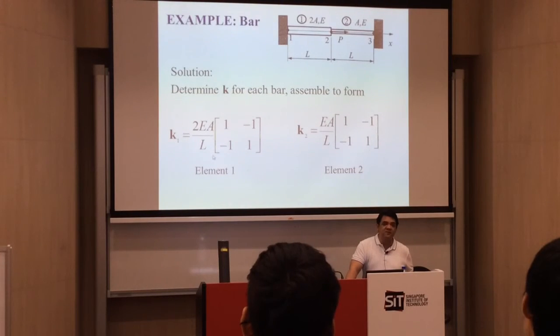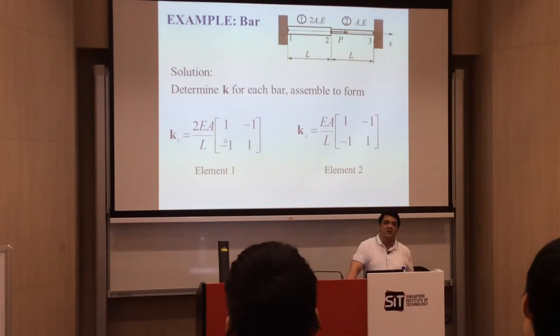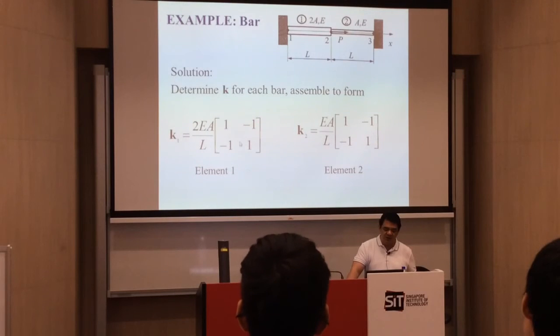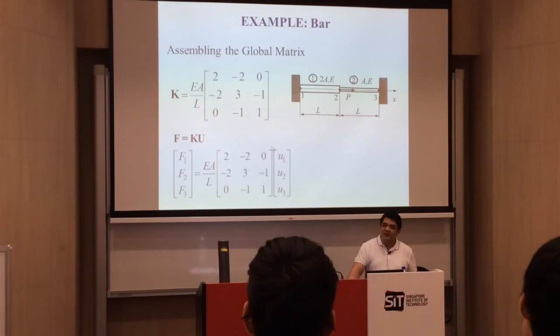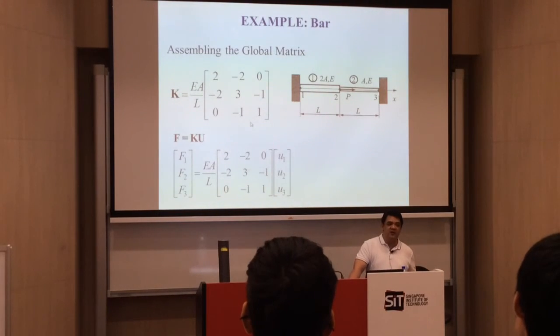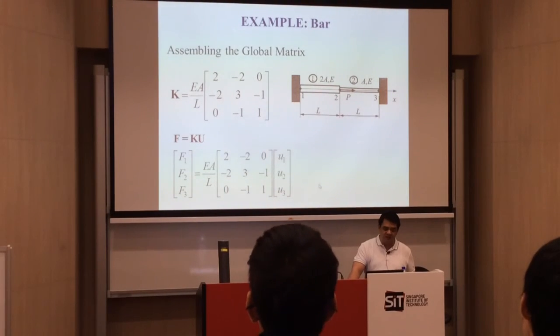So we have now your stiffness matrix. We have derived this one. So you have K1 and K2. So you have now your area, modulus, and length given. So you will be able to determine the stiffness of each of the bar element. So you just add them to be able to get your global stiffness matrix, which is that, add them together, and that. Solve for your displacements and forces.